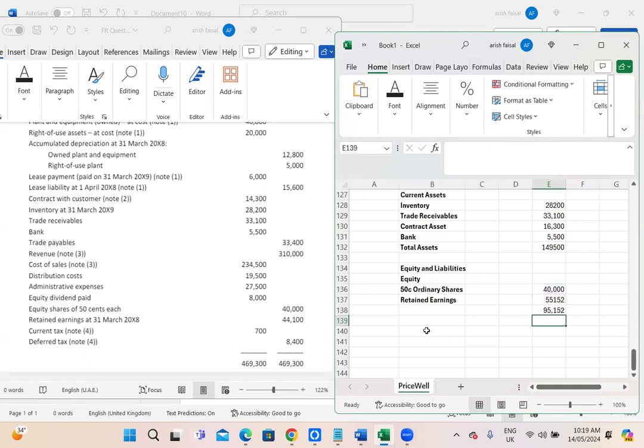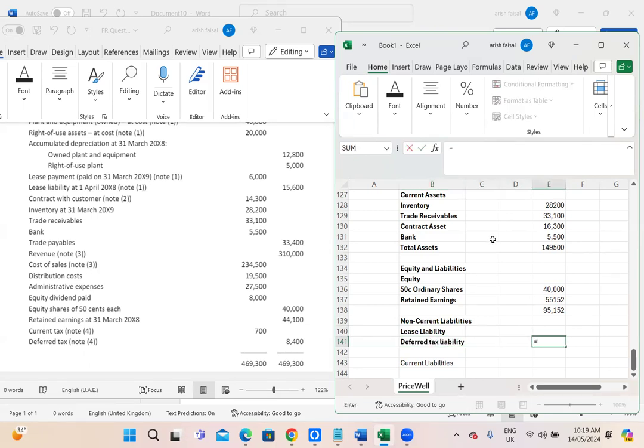But then you have your non-current liabilities and your current liabilities. In non-current liabilities, you have the lease liability and the deferred tax liability.